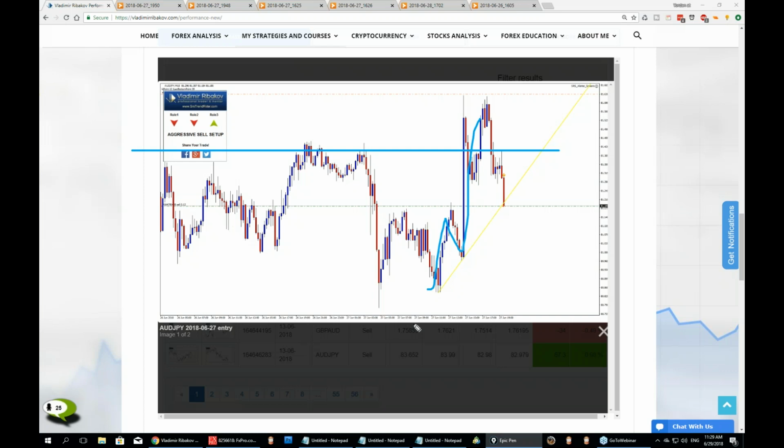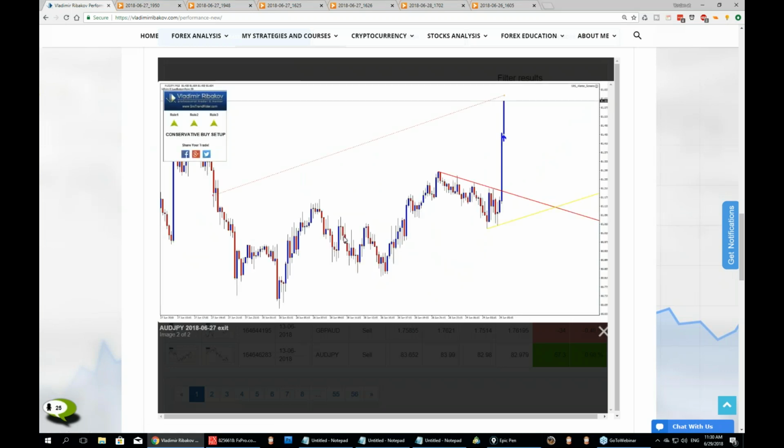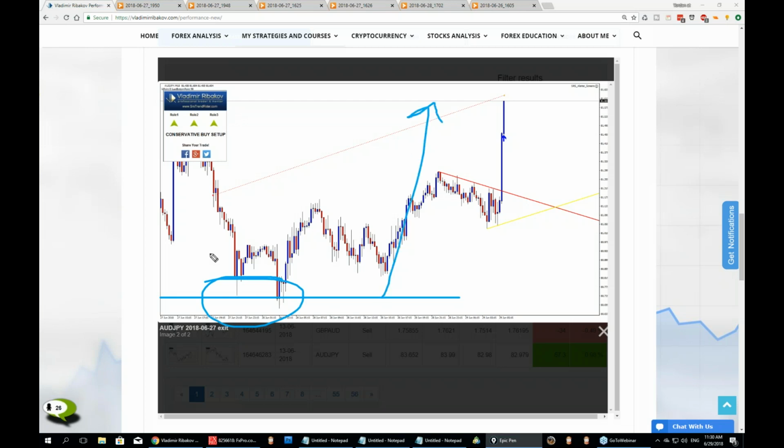False break on this level, and we are attempting to look for the sells and further continuation down on the Aussie yen. It did push lower, unfortunately. It got stuck below, inside something that remains a range now, and we saw the push even higher, guys. Okay.